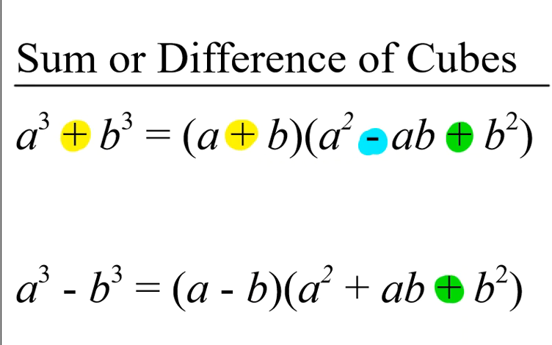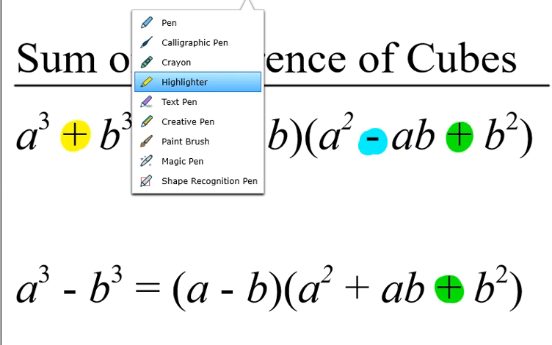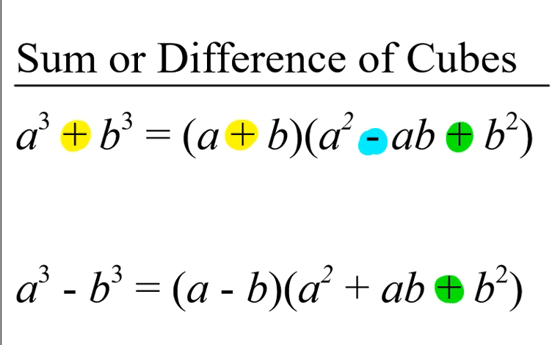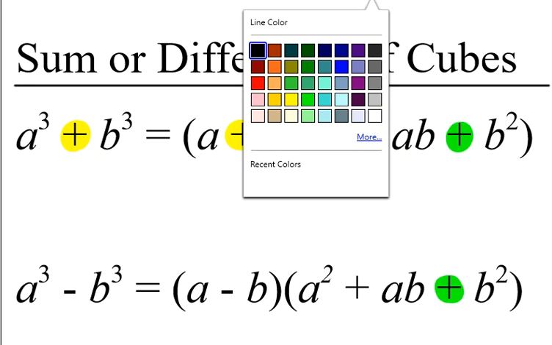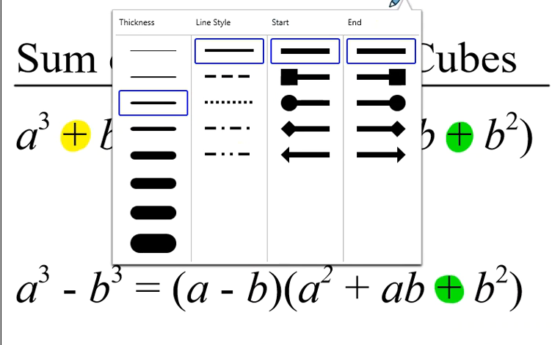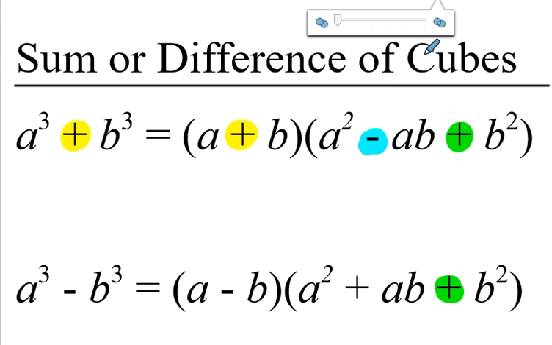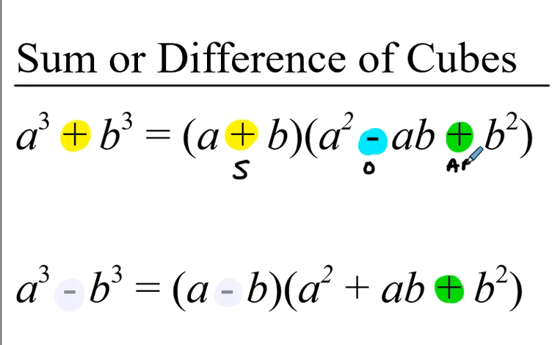And then here on these, that one and that one match. And then I have my opposite. So it follows same, opposite, always positive, or SOAP to help remember it.